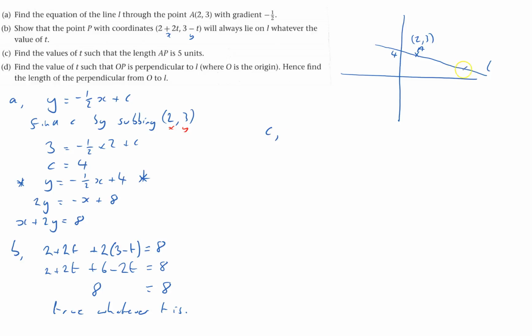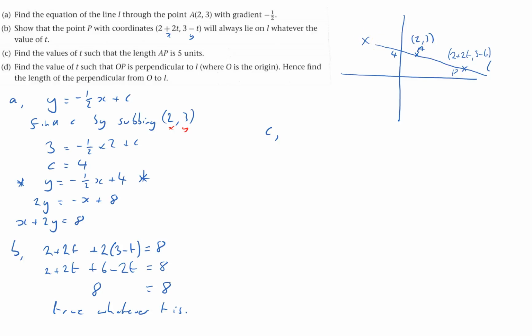So P is here, and x is 2 plus 2t. Bit of a mess. And y is 3 minus t. So that's P. Actually, P could be up here as well.